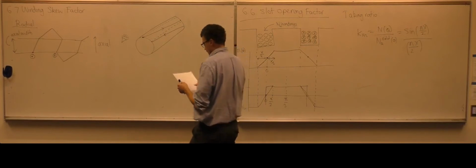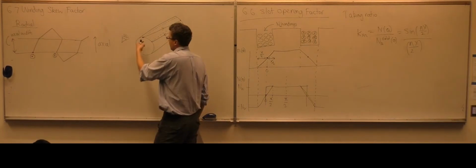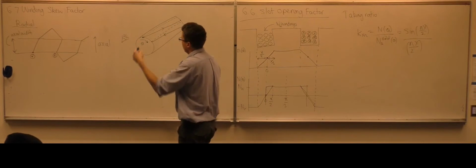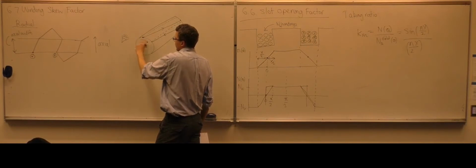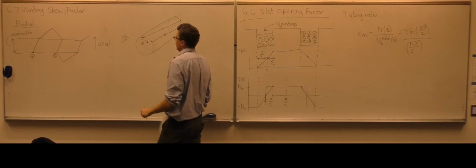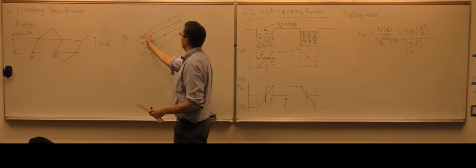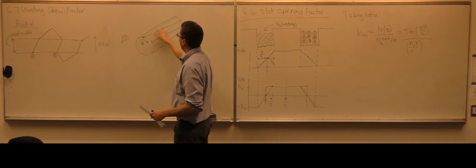So if you think about it, if you're looking in this way, and then you're looking axially, and you're at this location, and then this moves. Then what you would see is the winding would keep coming into view, because it wouldn't just be at one point.